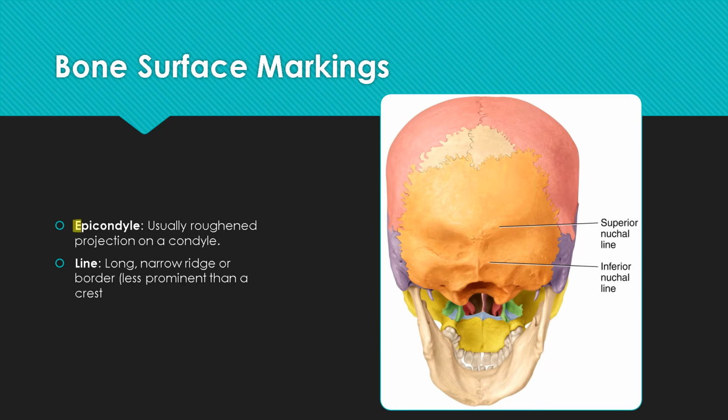We also have an epicondyle. An epicondyle is a typically roughened portion above a condyle. And then a line is a long, narrow ridge or border. It's going to be a little bit less prominent than a crest. So here we have a superior nuchal line and an inferior nuchal line.